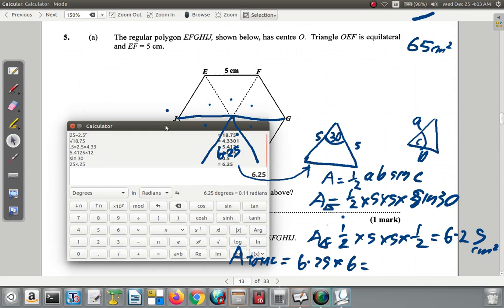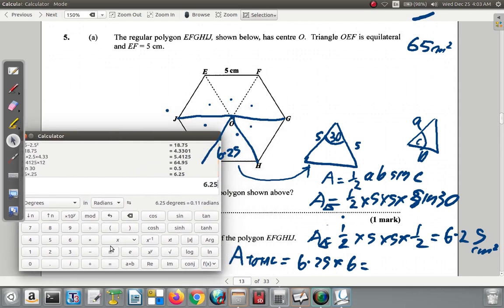So it would be half AB sine C. So 0.5 times 0.5 times 25.